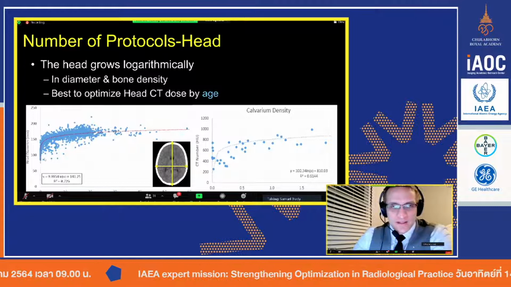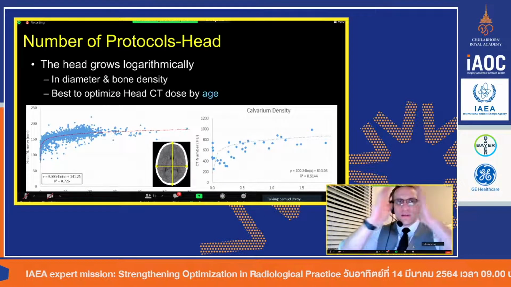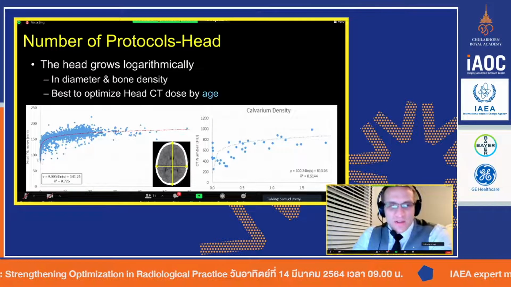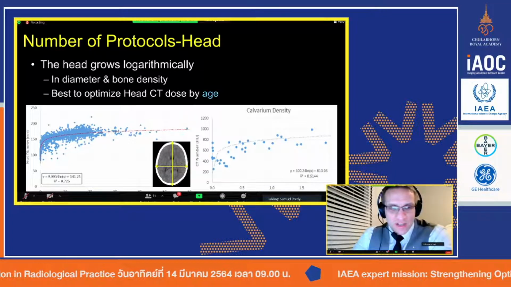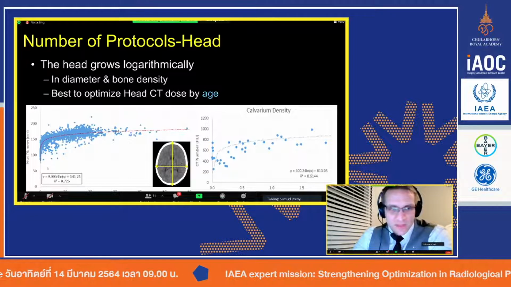Our heads grow logarithmically. They grow logarithmically laterally and also craniocaudal. And so little kids will see a large amount of change in their overall head diameter in a very short amount of time of their lifespan.